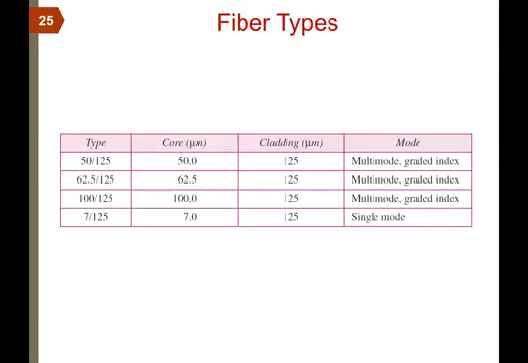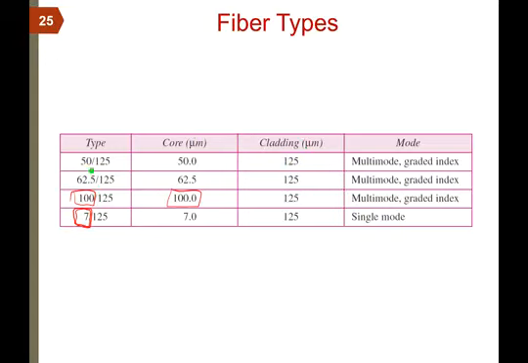We have different types, as we said. Normally, this is, you see, single mode. Single mode normally will be thinner than multi-mode. Multi-mode, you see, this is the core diameter in micrometers, and this is the cladding.